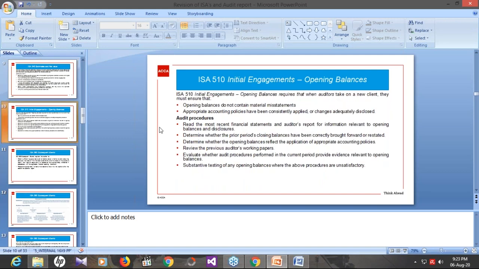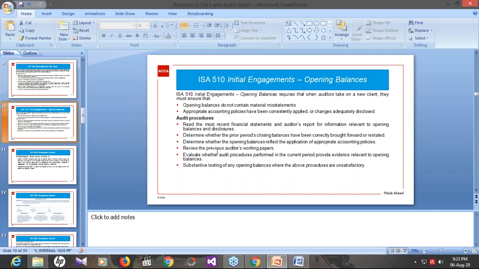You need to explain the auditor's responsibility, that basically the auditor needs to confirm that opening balances don't contain any material misstatement and appropriate accounting policies have been consistently applied. These are the procedures that the auditor must apply. In short, you should write these procedures, and if you find a material misstatement in opening balances, what will your opinion be?